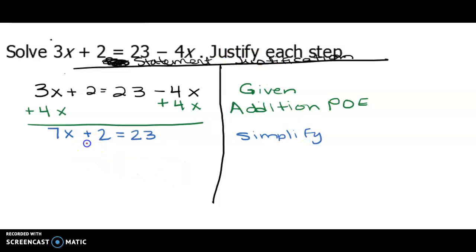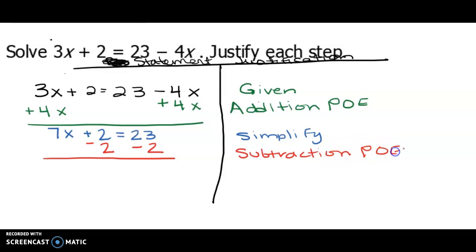Now let's move this 2 over. So subtract 2. If we subtract it from the left, we have to subtract it from the right. We subtracted the same thing from both sides of the equation, so that would be the subtraction property of equality. Now we're left with 7x equals 21. That is a simplify. To get x by itself, we want to divide both sides by 7.